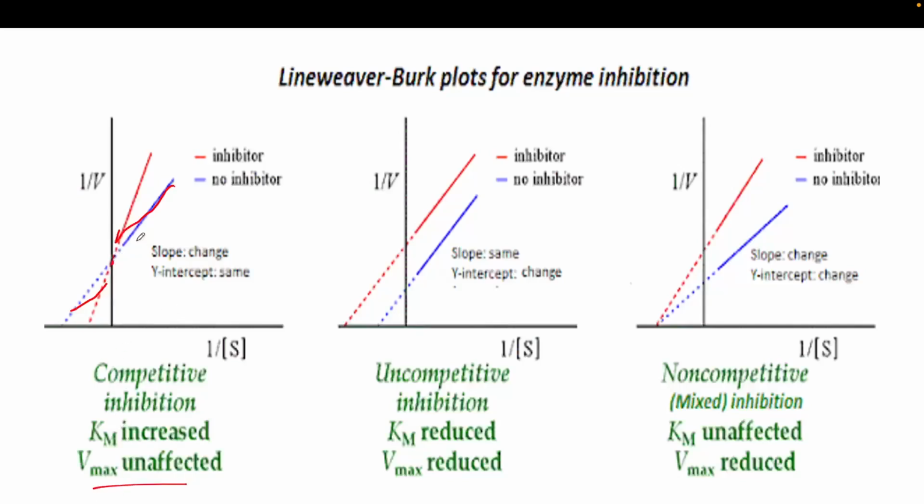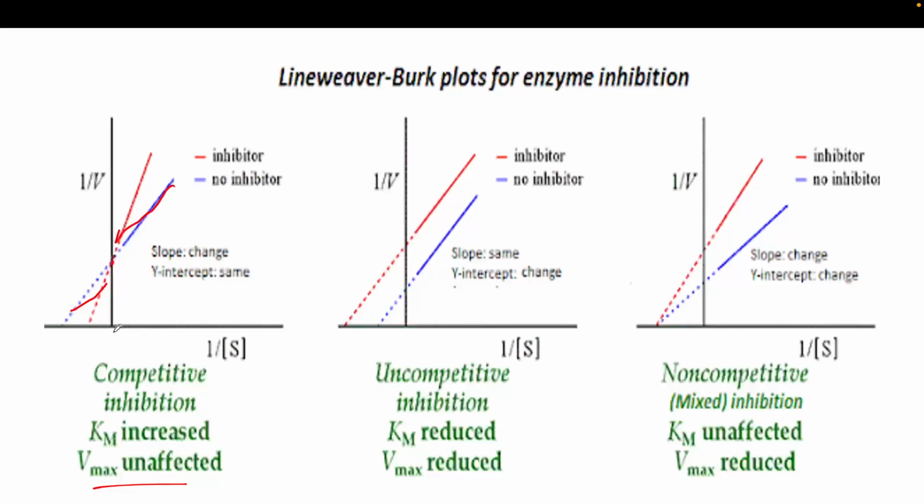But for the Km on the x-axis, when you extrapolate these lines, you can see the Km changes with the presence of inhibitor. Because it is plotted in inverse form, 1 by S, the right side will be the lower value and the left side the higher value.